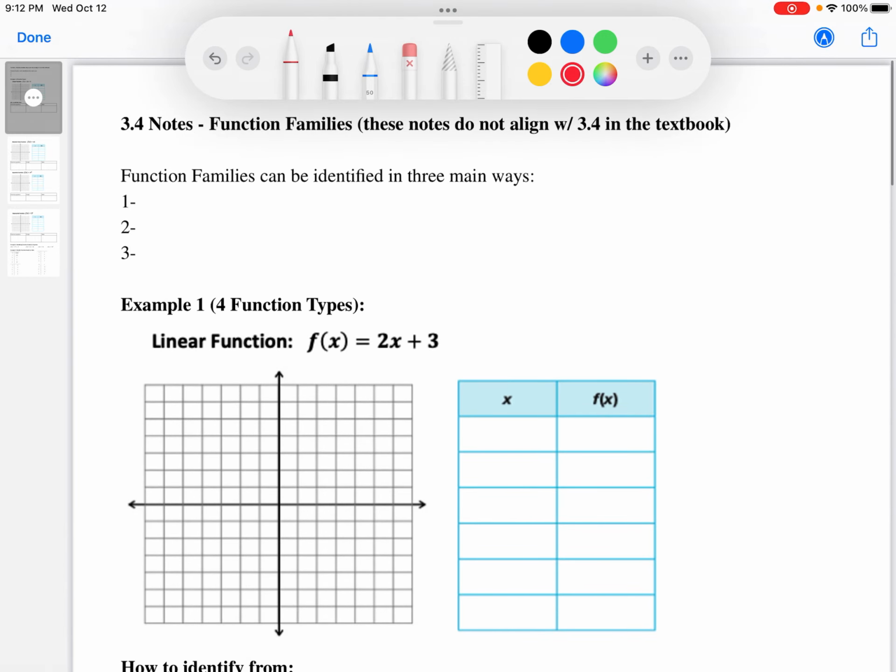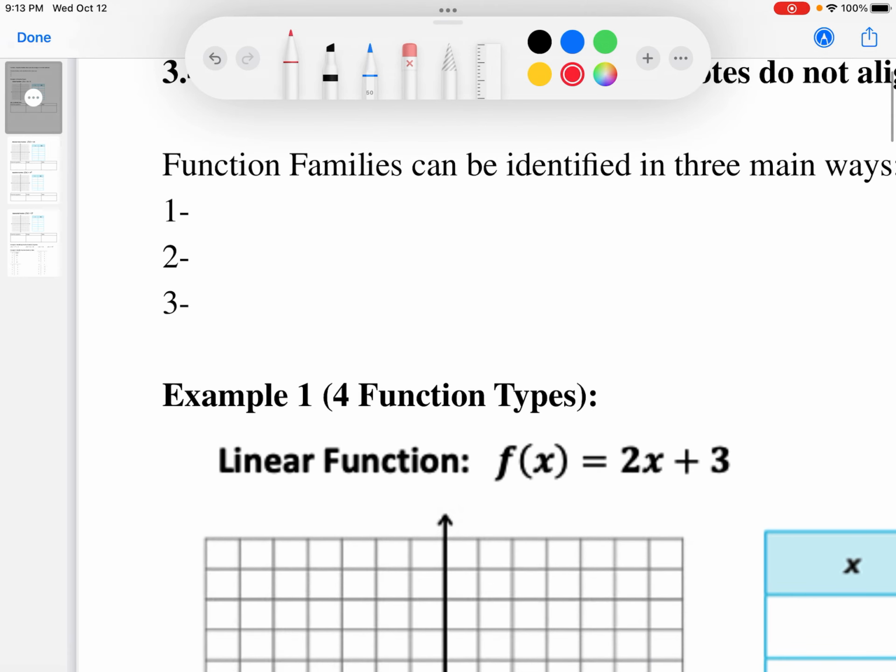So to get started, on the homework today, you're going to be asked to identify functions in 3 different ways. There are 3 different ways that you can identify function families. Here's how you can do it. Number 1, you can simply look at their function notation, or what their equation looks like.